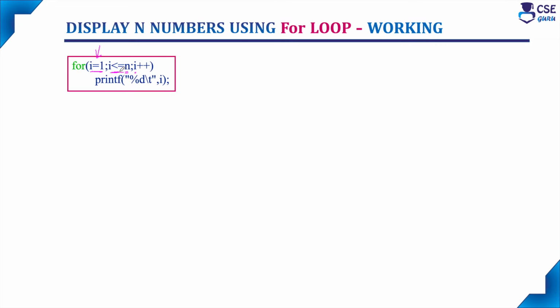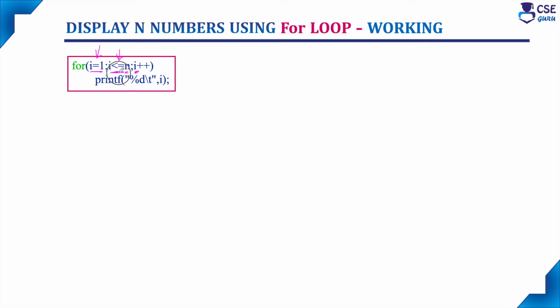Next is the loop condition, that is, the variable value should be compared with the input value given by the user, that is n. And the third expression is the variable updation. Either we can increment or decrement the variable as per the logic of the program.